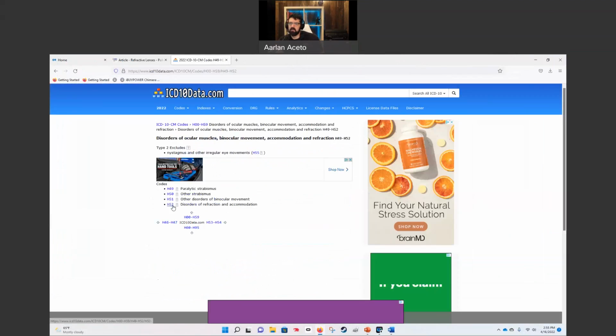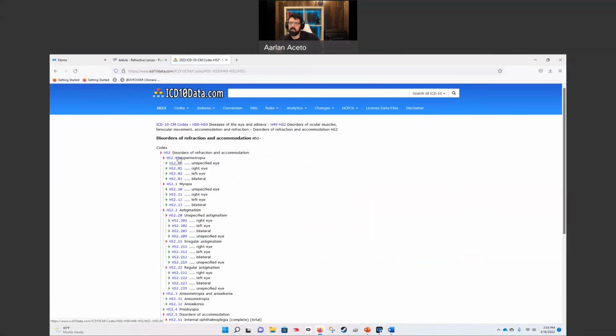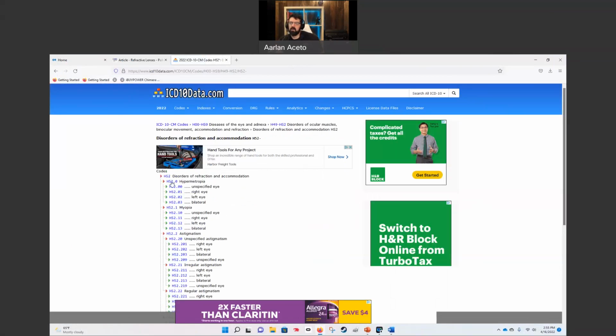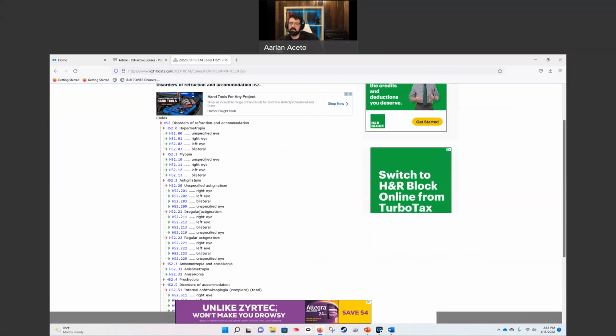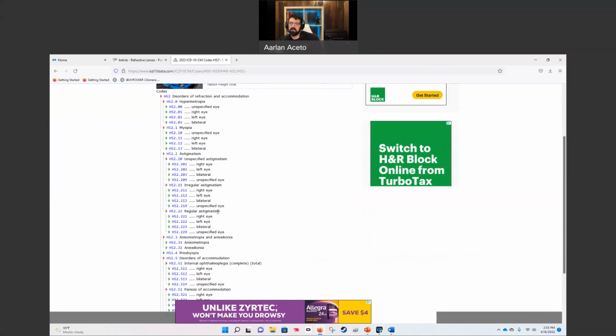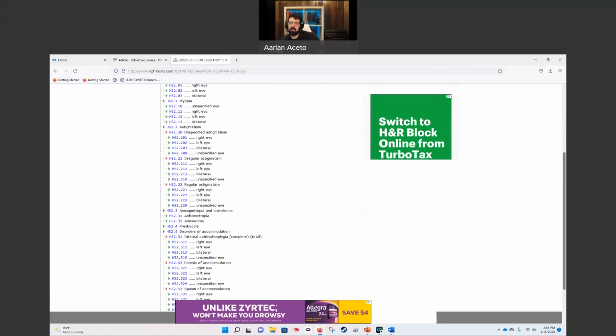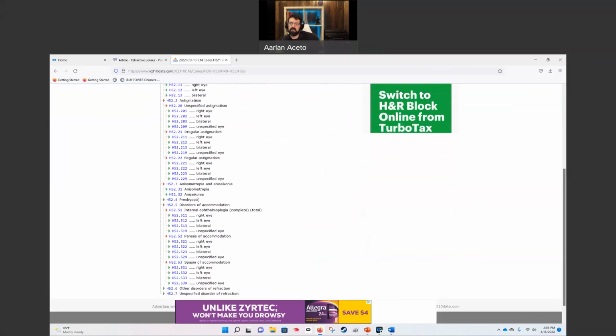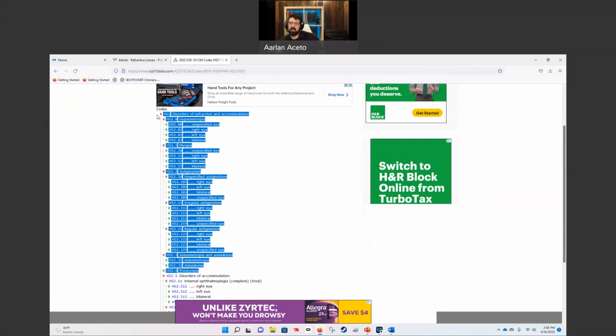The only ones that you're generally going to bill for are these here. I have hyperopia, or as they call it, hypermetropia. I have myopia, astigmatism, irregular if you're doing contacts, regular astigmatism, which is very common. You can have anisometropia, you can have presbyopia, and these are pretty much the ones that we are going to deal with as opticians when it comes to ICD-10 codes.